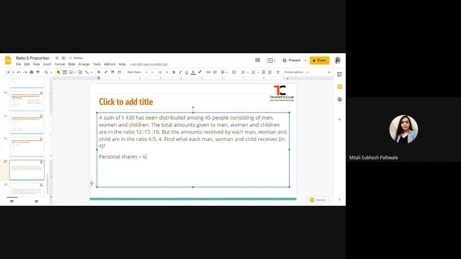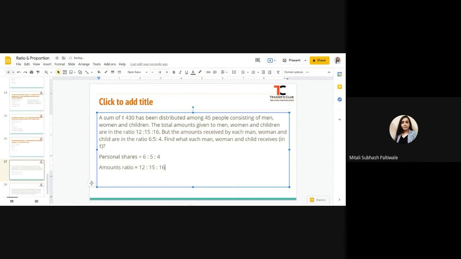It's equal to 6 is to 5 is to 4. Now, they were saying the amounts ratio is nothing but 12 is to 15 is to 16.